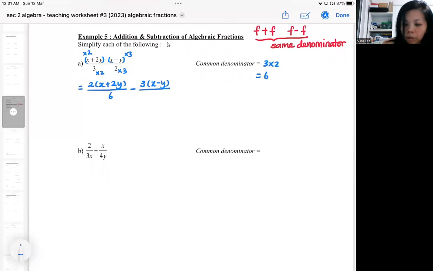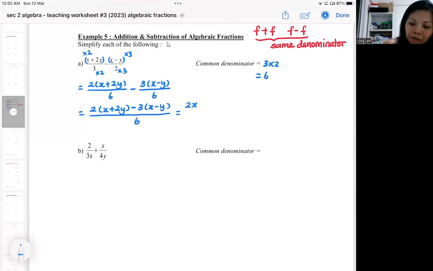And then when you have the same denominator, you make it into a single fraction. Usually it is after the single fraction that you simplify the numerator. Some of you may simplify earlier, and if you do not have sign errors, I'm okay with it.